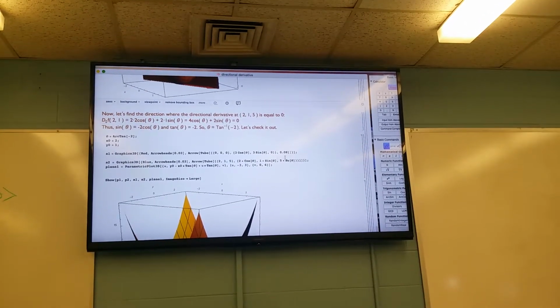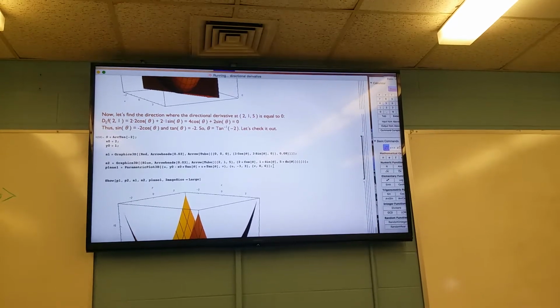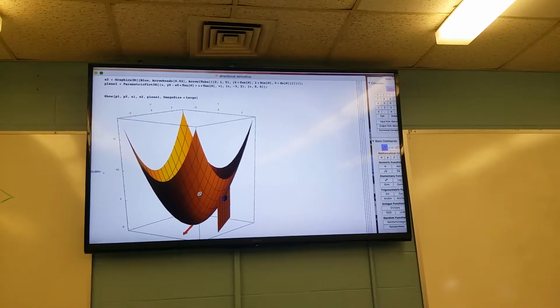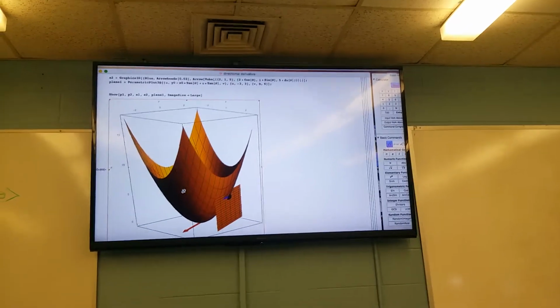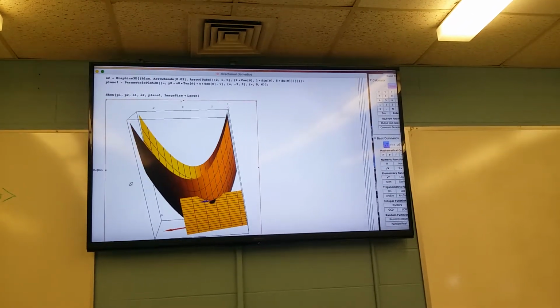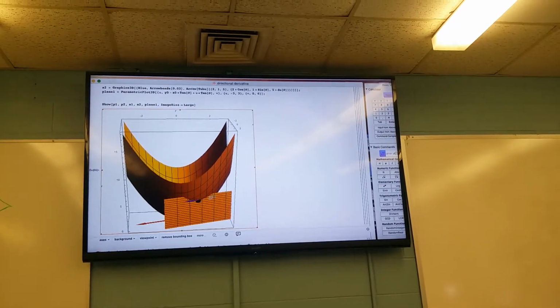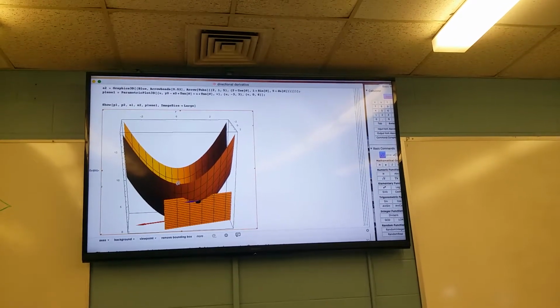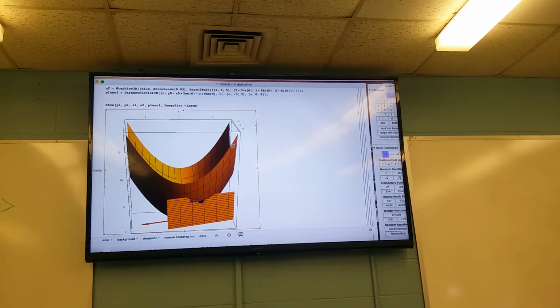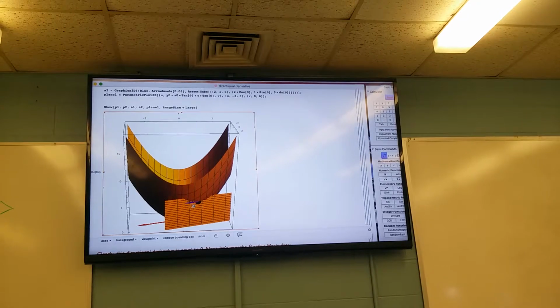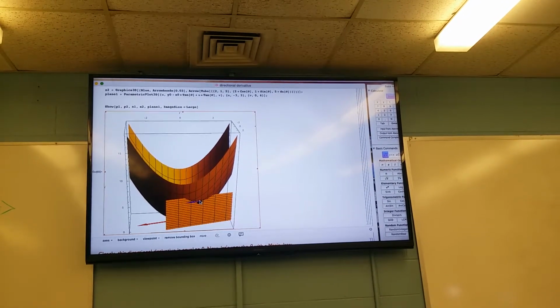And then I draw it along that direction. In that direction, the slope of the tangent line to the curve is equal to 0. It's at the bottom of that parabola. That's the direction where you have a 0 directional derivative.